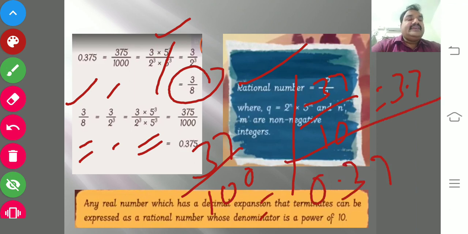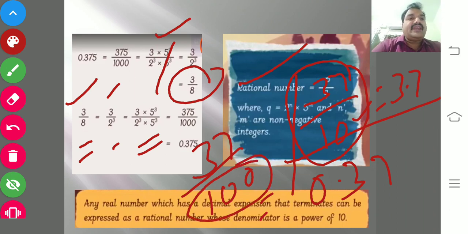How did I write it? In 37 by 10, the denominator has one zero, so from right to left, after 1 place, you keep the point. In 37 by 100, the denominator has two zeros, so from right to left, after counting 2 places, you keep the point.